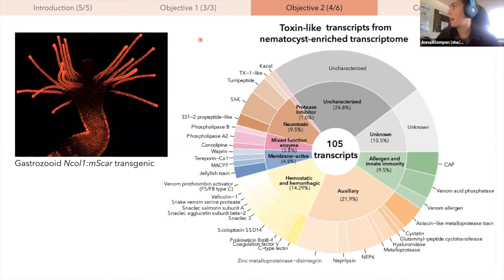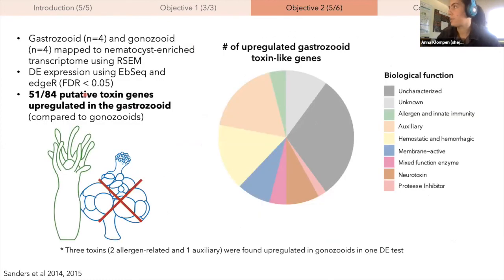The other part that I said I was going to do with this is the differential expression again between the polyp types. So now we had a really nice stinging cell transcriptome platform, and I did differential expression with EdgeR for the gastrozooids and the gonozooids. What I found was that really only gastrozooids showed up as having upregulated toxin-like genes: 51 of these 84 putative genes, what Trinity calls genes in this case, compared to the gonozooid.